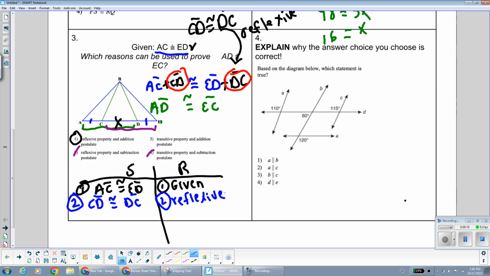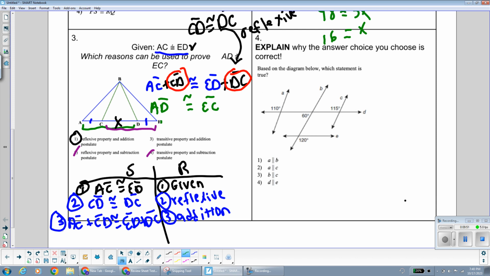That has to come before the addition, because in order for the addition to work, you do need to know that the 2 segments that you're adding on to the congruent segments are also congruent. So that does need to come before your addition to make it possible. And then we can use our addition. We can do our AC plus our CD is congruent to our ED plus our DC, like we wrote up here. And that would be the addition postulate of congruence.